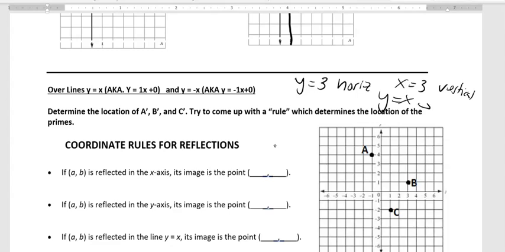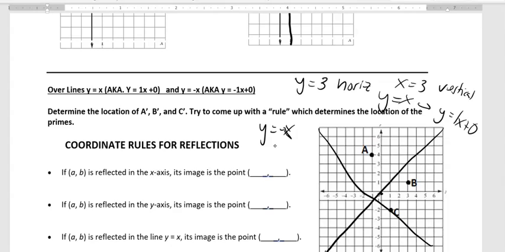Diagonal, because technically that just means y equals 1x plus 0. So that would be a diagonal line that looks like this. What about y equals negative x? What's that going to look like? Yep. That's going to go from the other side. Yeah, it's diagonal going the other direction. Obviously, that's a crappy line. It's supposed to go through 0.